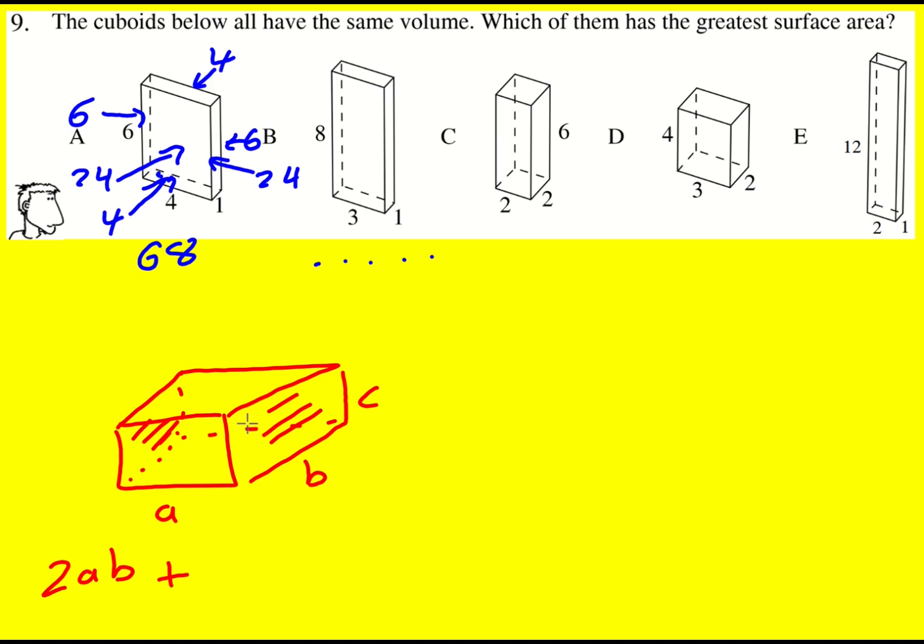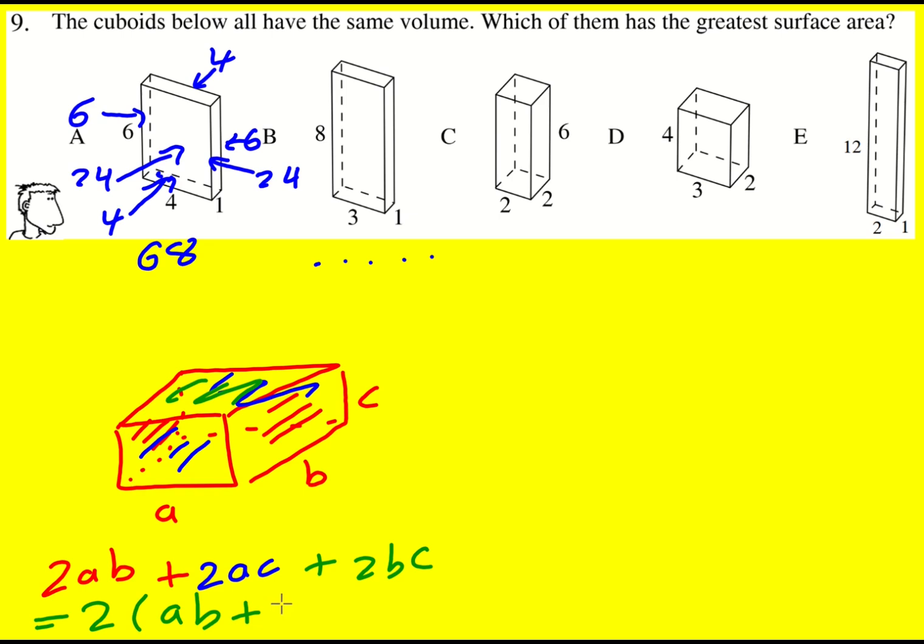And then I'll deal with the front, which will be A times C, and the back, which will also be A times C. And finally, I've got the top, which will actually be BC, and the bottom, which is also BC. So I can write it as 2BC, which means that overall I can write it as 2 times (AB plus AC plus BC). That is the general equation for the surface area of a cuboid.